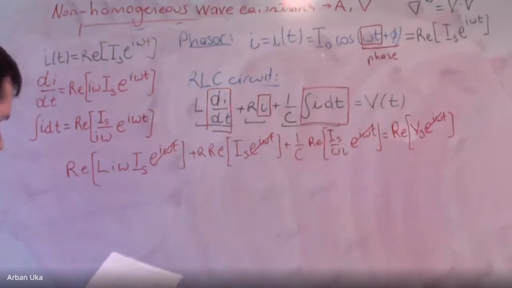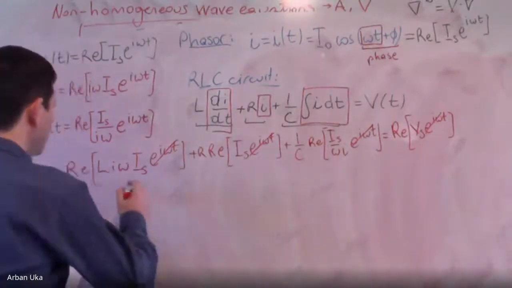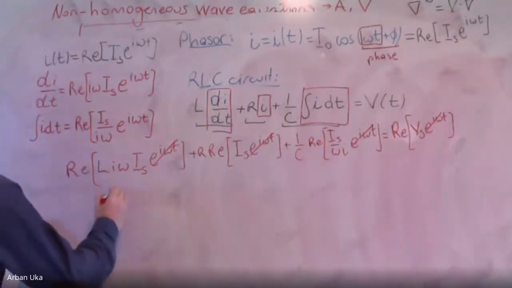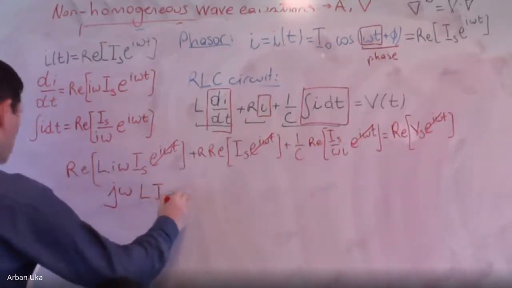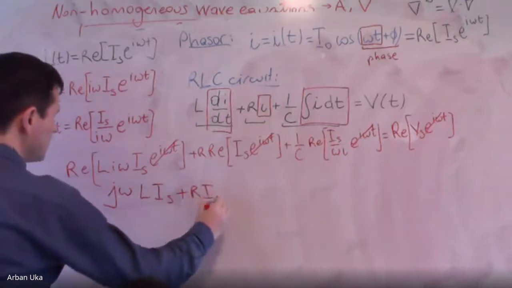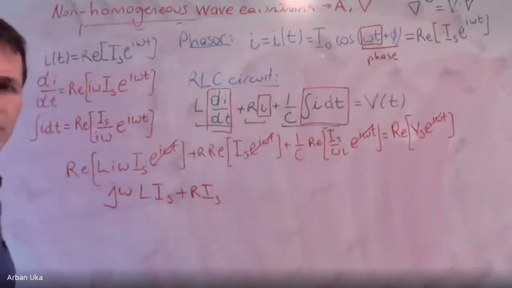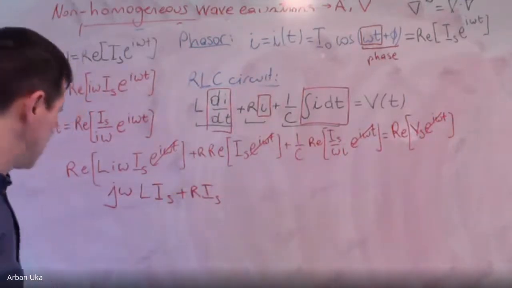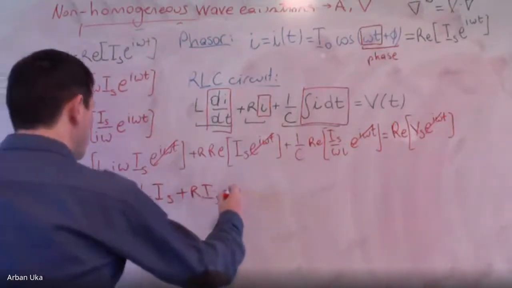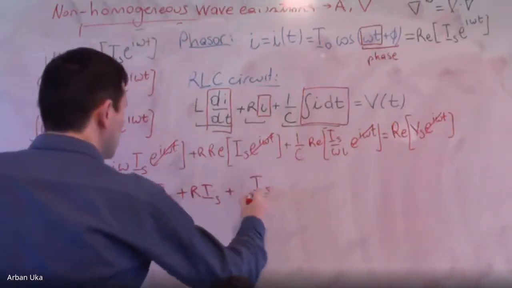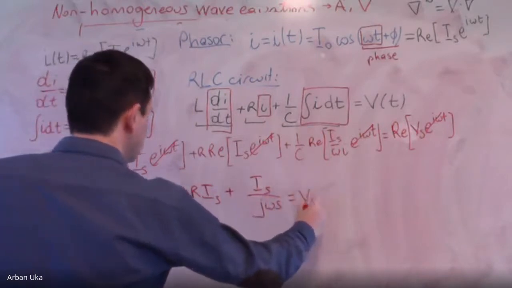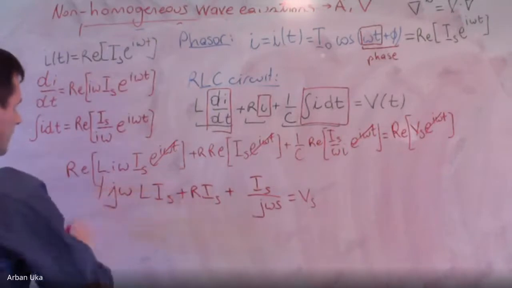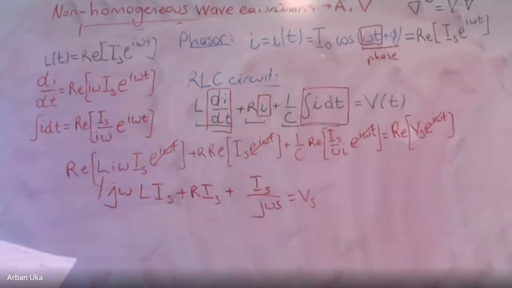So we just cancel it, and as a result we finally get the following: j omega L Is plus R Is, now Is is the phasor, plus Is over j omega C. This is equal to Vs.